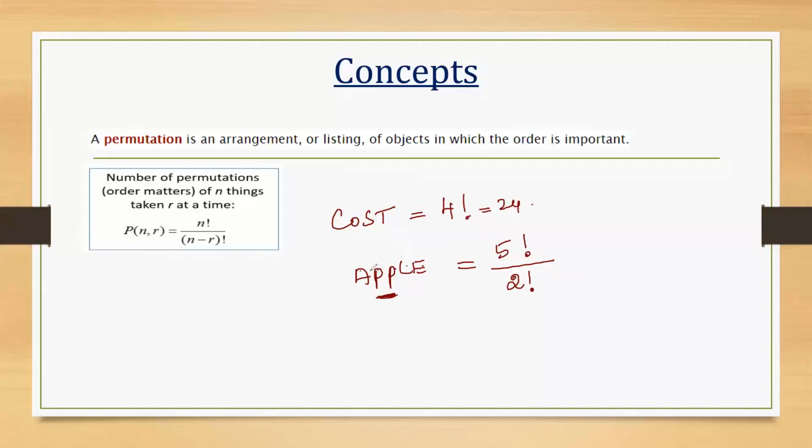Is it clear? This is a permutation of multi-set. If some number of objects are of the same kind, then we have to divide by that. So the answer is 5 factorial, nothing but 120, divided by 2. You will get 60 ways. Is it clear?